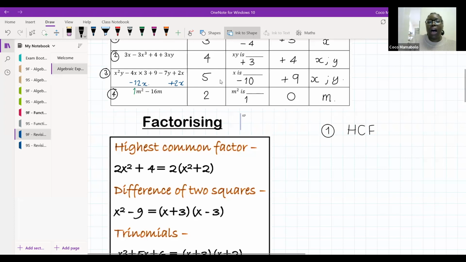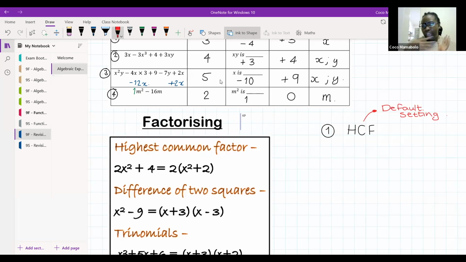I would go even as far as to say that the highest common factor should be our default setting. Do we all know what a default setting is? Does anybody know what a default setting is? You know when you buy a brand new phone and there's no WhatsApp installed, there's no Google installed, there's no apps, there's nothing.